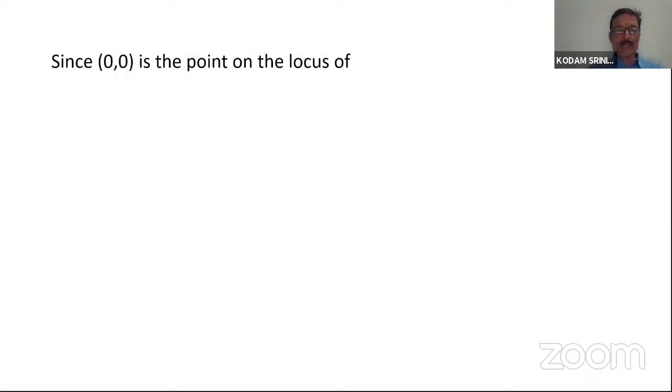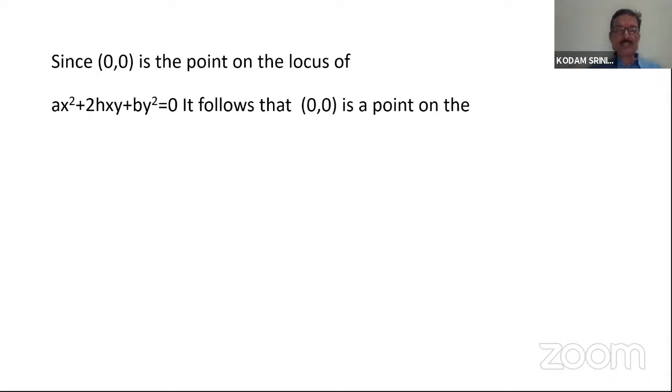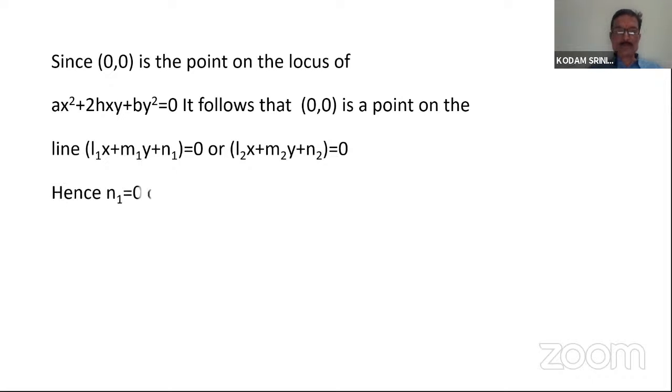Here we have already taken that the equation ax square plus 2hxy plus by square equal to 0 is passing through the origin, which means that 0 comma 0 is a point on the locus of ax square plus 2hxy plus by square equal to 0. It follows that 0 comma 0, that is the origin, is a point on the given lines, that is L1x plus M1y plus N1 equal to 0 or L2x plus M2y plus N2 equal to 0.